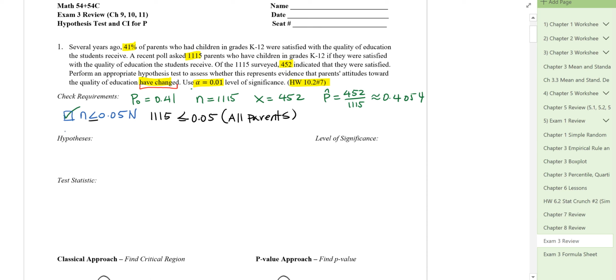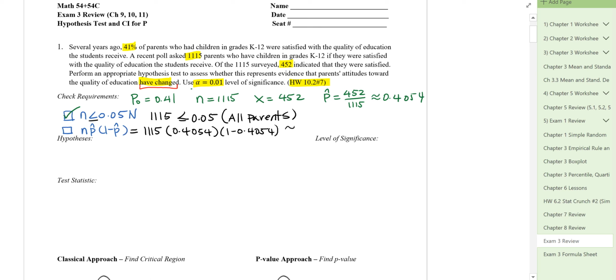The second one I'm going to check is that it's normal. To check normal, we say n times p hat times 1 minus p hat. I want to see if this is greater than or equal to 10. So let's check. n is 1,115, my p hat here is 0.4054, and then times 1 minus 0.4054.